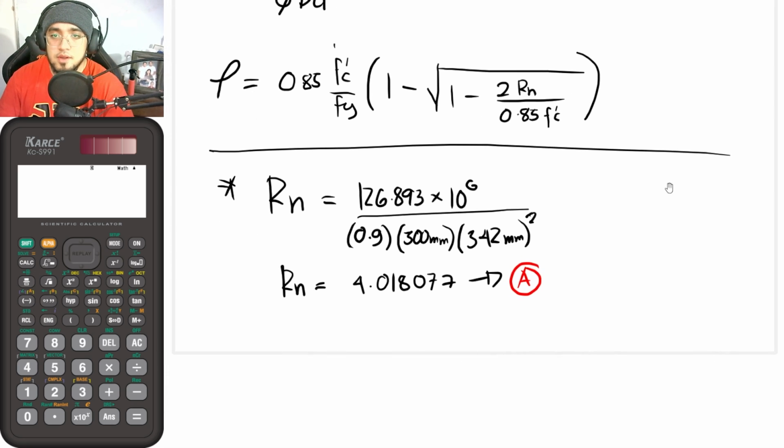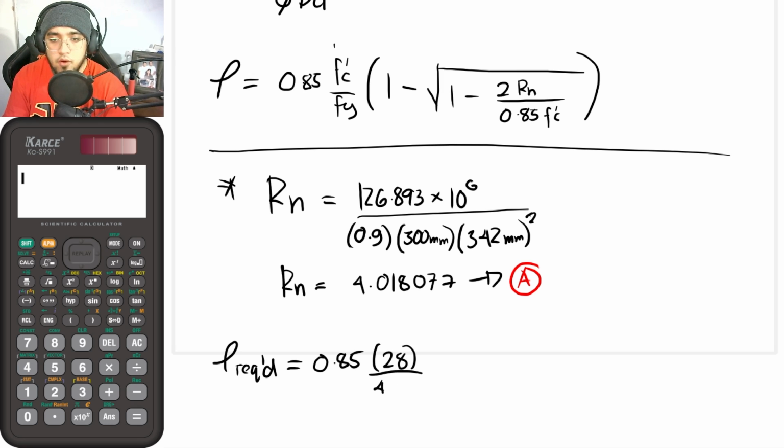Next, for our rho required, this is now equal to 0.85 times F prime C, and F prime C is 28, divided by Fy of 420 times 1 minus square root of 1 minus twice Rn.